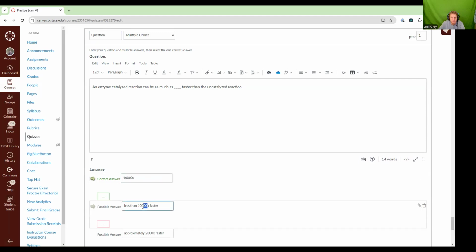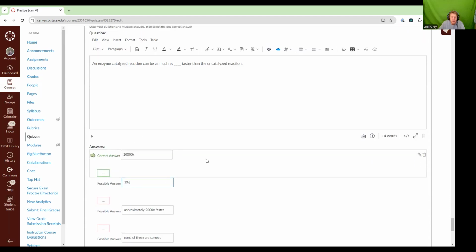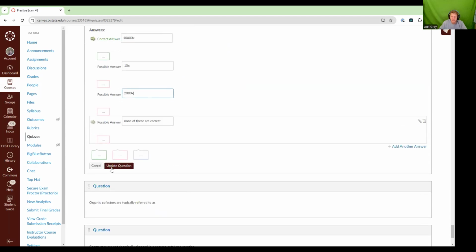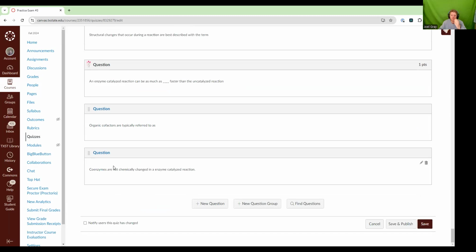I'm going to adjust these so that it makes a little bit more sense because I don't want faster to be in the question. As much as 10,000 times faster, 2,000 times faster, or 10 times faster. This is just a matter of the magnitude. And truth be told, it's like 1 times 10 to the 14th times faster. So this 10,000 is actually kind of undershooting it. But it is the best answer because it's the largest number.